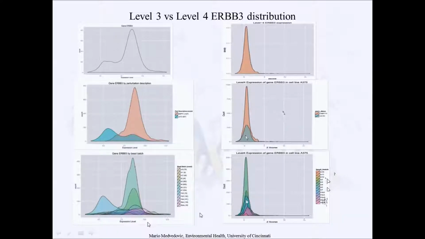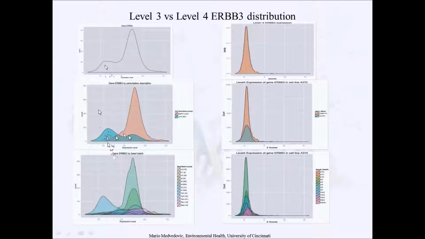Again, they all fit under one bell-shaped umbrella, and they are all behaving the way you would expect them to behave. So it seems that whatever processing has been done from level 3 to level 4 data has accounted for these different expression levels in the subset of these profiles.